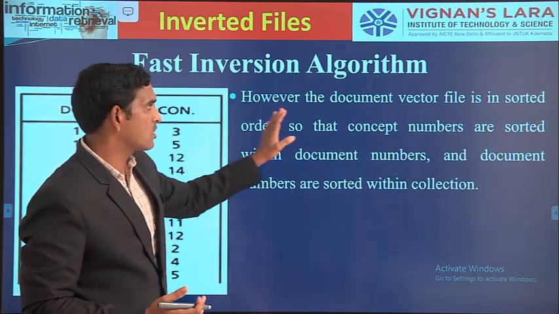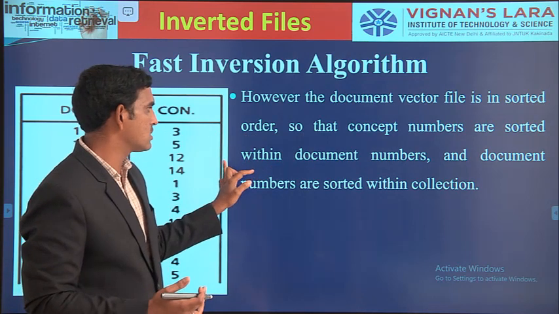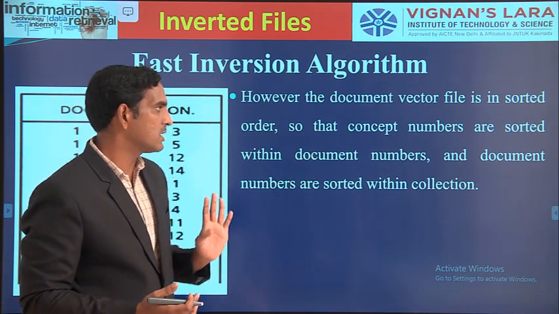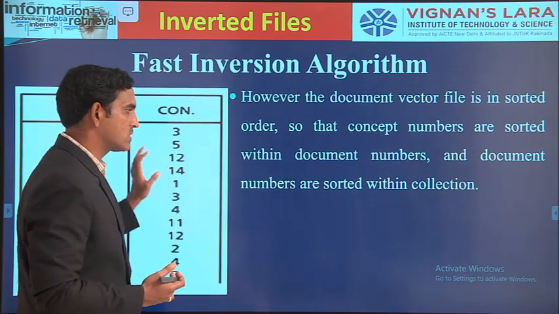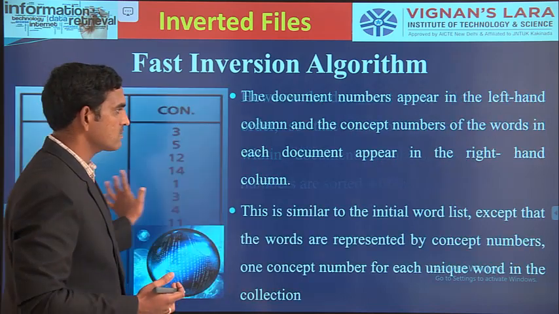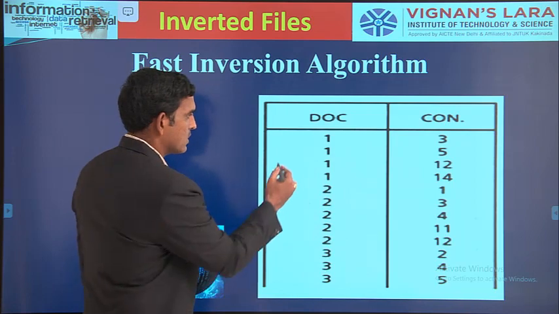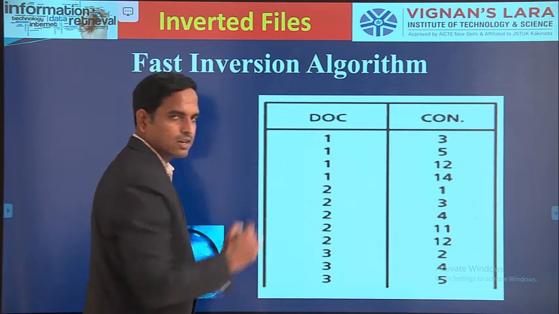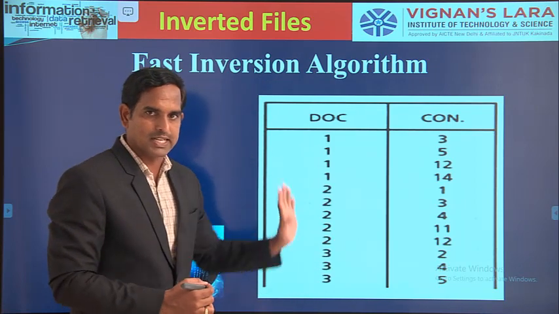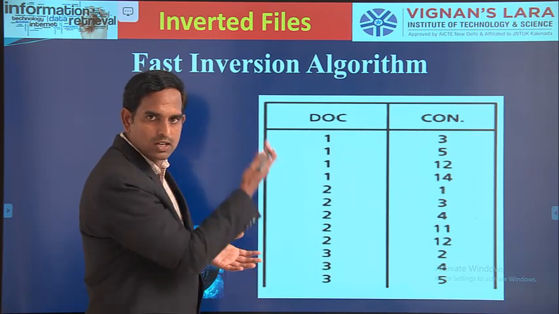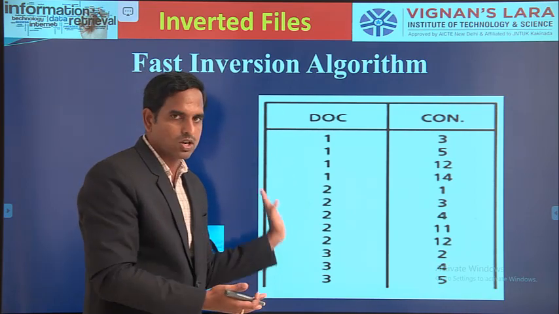However, the document vector file is in sorted order, so that the concept numbers are sorted within the document numbers and the document numbers are sorted within the collection. As you could see in the previous example, they will be sorted in document order. In the complete concept vector file, this will be present as a document sorted list.